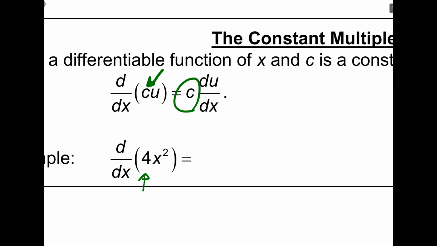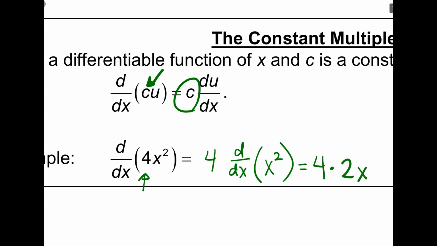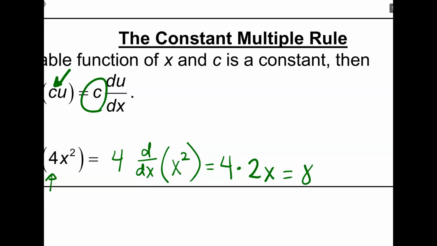So this is going to be the same thing as 4 times the derivative of x squared. How do I figure out the derivative of x squared? The power rule. So I bring 2 in front, and what is 2 minus 1? 1. Okay, so then I just have to multiply the constant by my derivative of the function. 4 times 2x is going to be 8x.